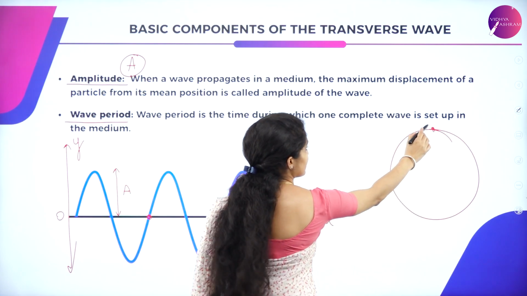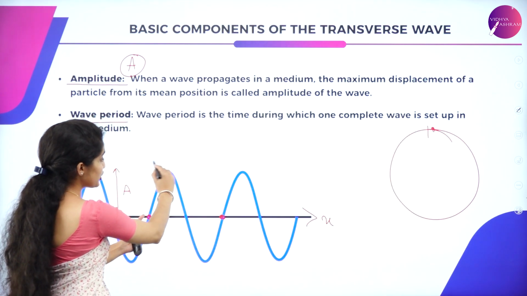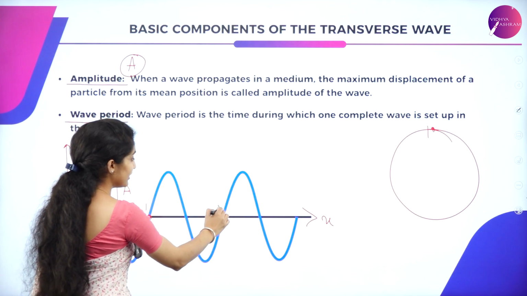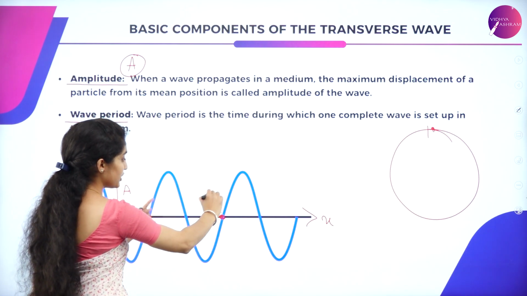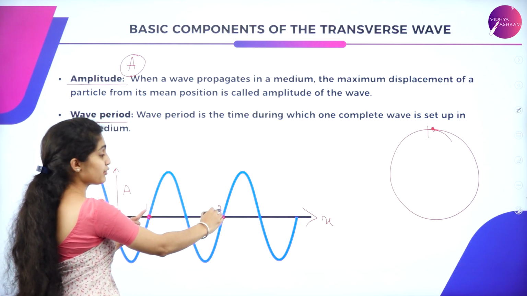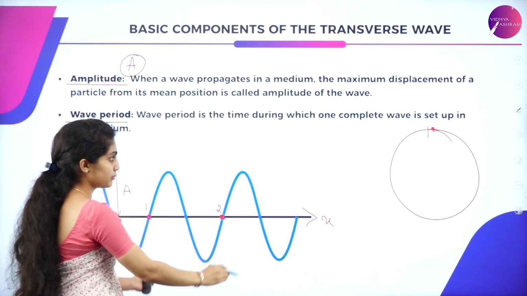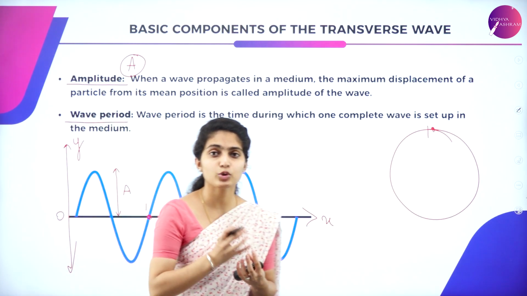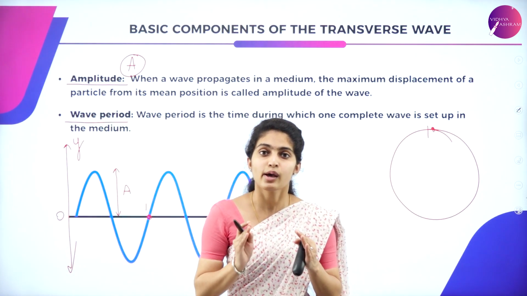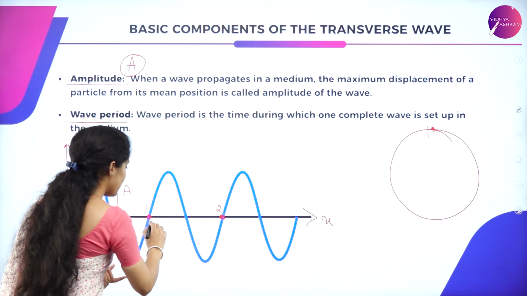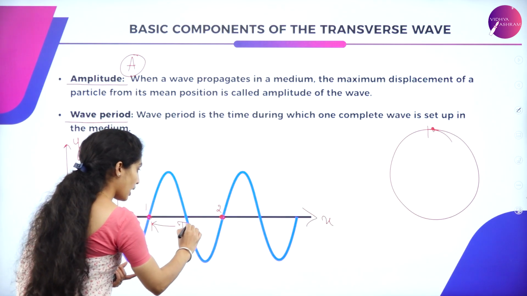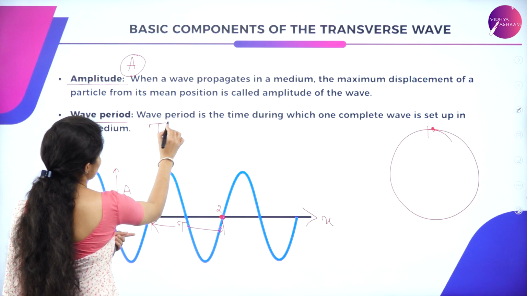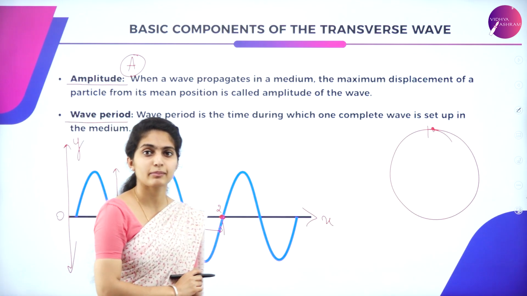If this is 1 and this is 2, and from 1 to 2 I take off the wave nature and encircle it, it gives me one complete circle. So the wave period is the time during which one complete cycle is performed. That is represented by capital T, which gives the time period from this position to this position.